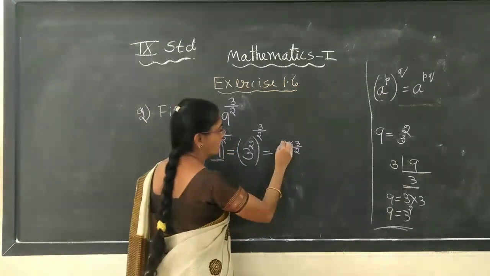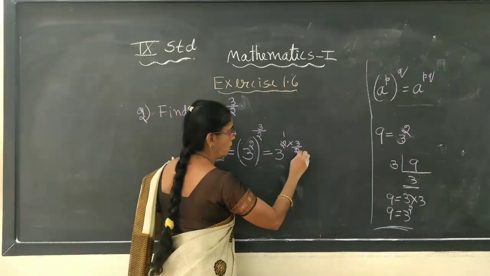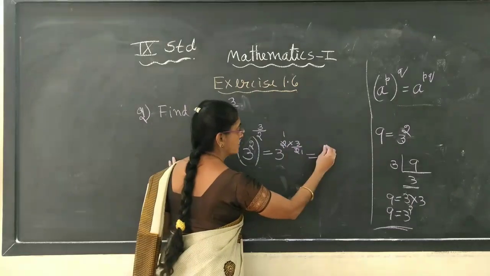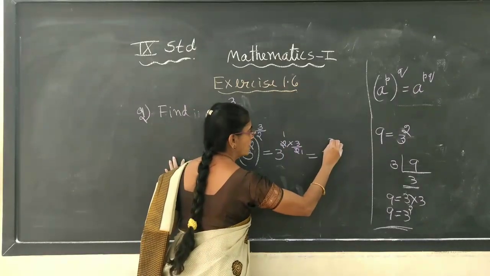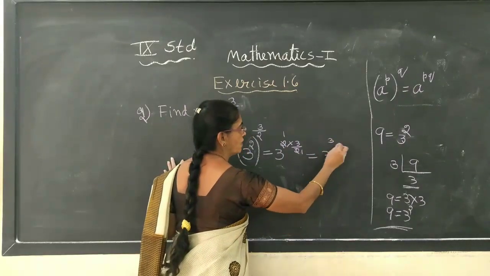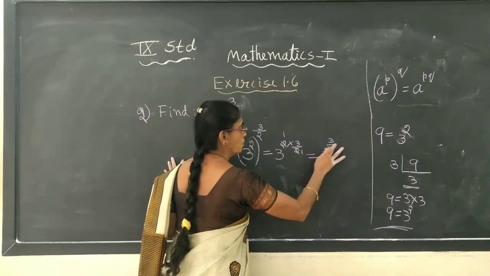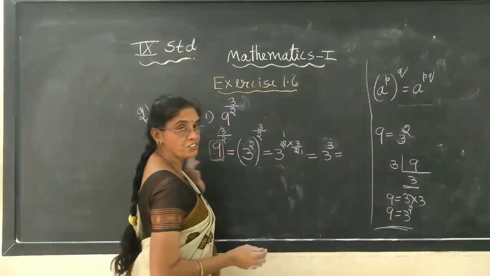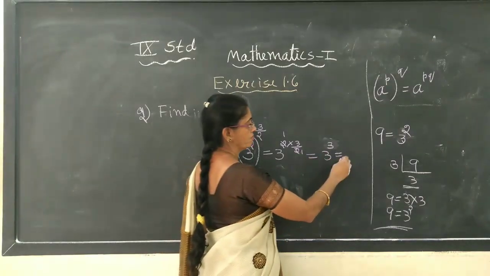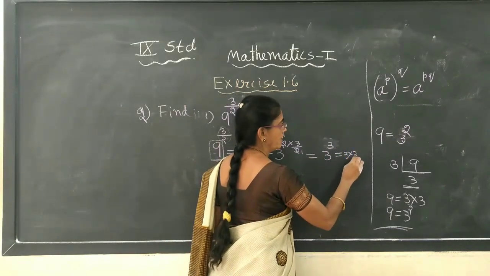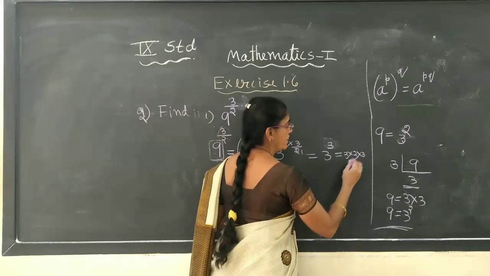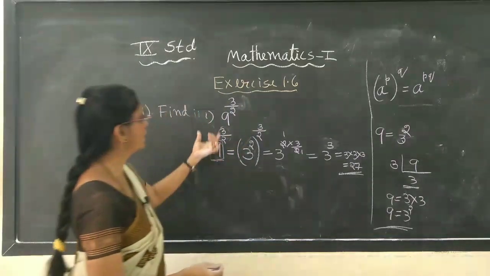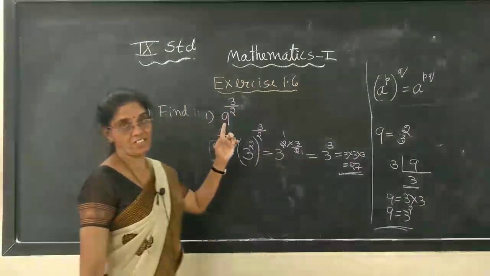So 2 is in the numerator one time, it will divide the denominator one time. 2 ones are 2, we will get 3 into 1 is 3, and in the denominator 1, that means 3 by 1 is nothing but 3 only, we will write 3. 3 into 3 into 3, that is the meaning. 3 3s are 9, 9 3s are 27. So the value of this number is 27, okay.